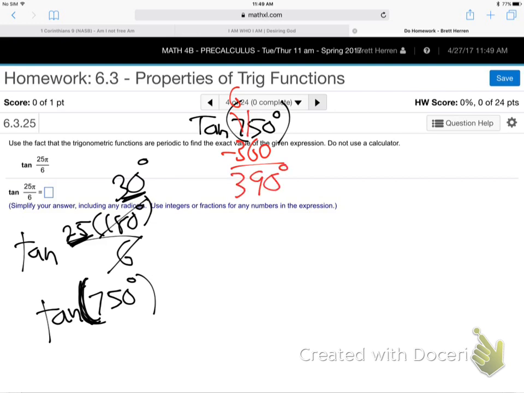And that's still more than 360, still more than a full rotation. So we have to subtract another, and finally we get down to 30. So really, this is asking us for the tangent of 30 degrees. Make sense? It's two full rotations, two 360s, and then 30 degrees more.